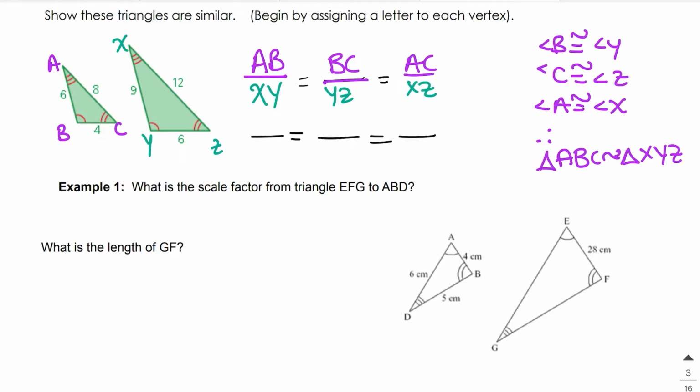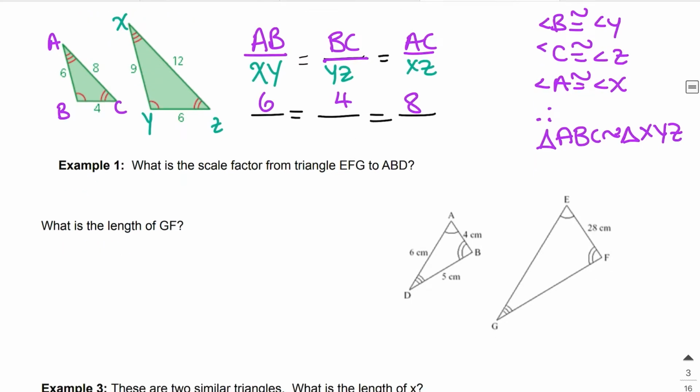We know here that AB is 6, that BC is 4, and that AC is 8. So instead of AB, I'm going to say 6, BC is 4, AC is 8. We also know in the other triangle that XY is 9, YZ is 6, and that XZ is 12.